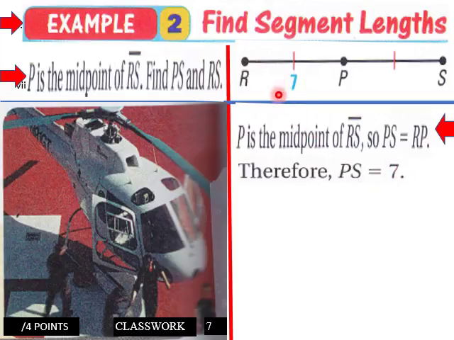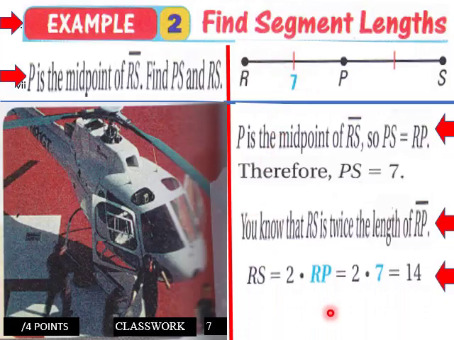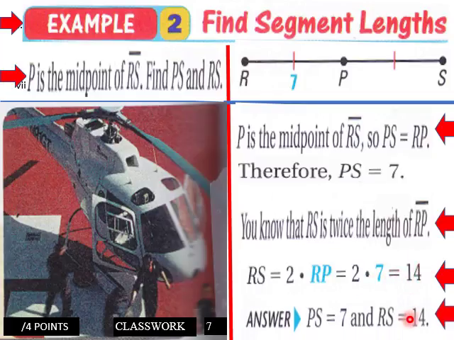We can do that by just elimination here. You know that RS is twice the length of RP. So RS is 2 times RP equals 2 times 7 equals 14. Answer, PS equals 7. PS must equal 7 too, because these are congruency marks here. And RS equals 14.